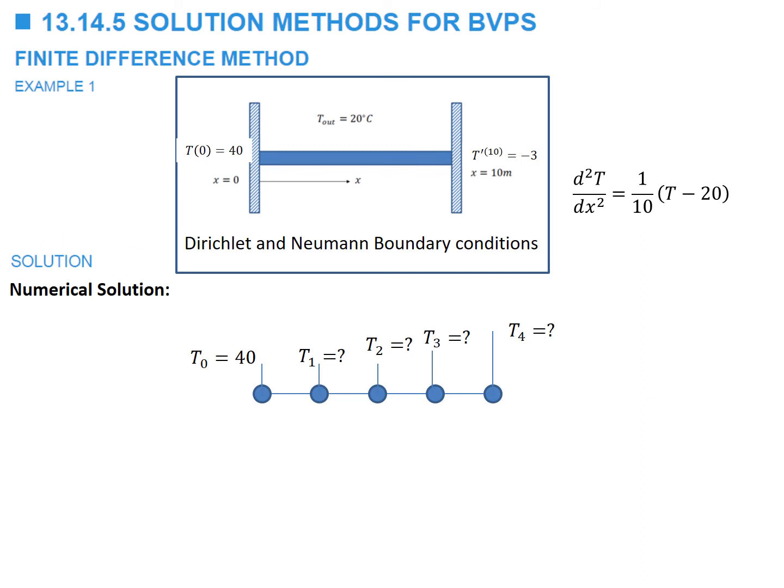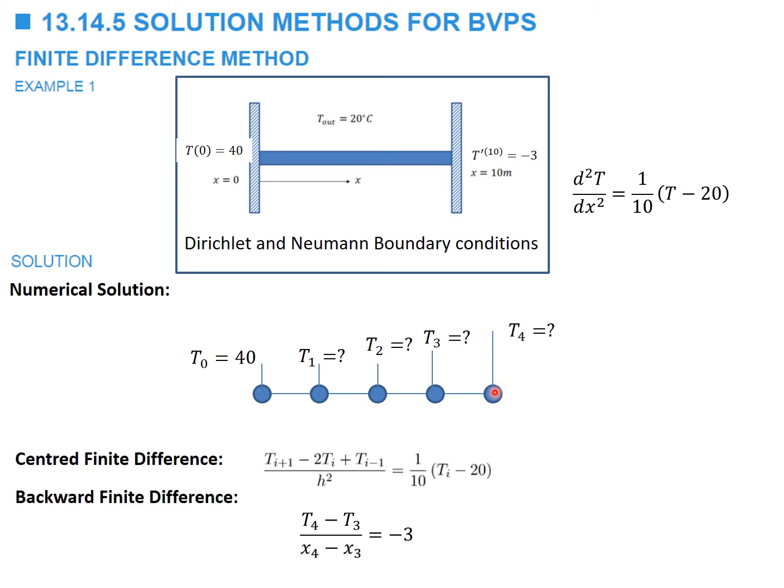So again, with the same number of subintervals, the difference between this problem and the previous boundary conditions is that now we don't know T4. We don't know any of these T's, but we know something about the derivative of T with respect to x at this end.